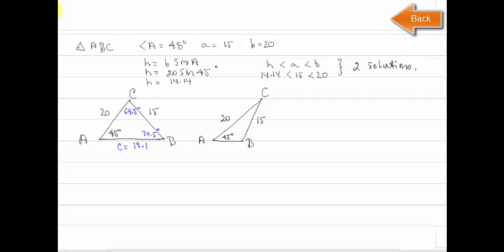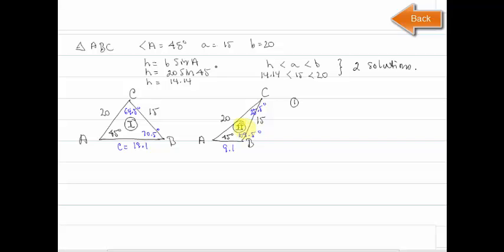And then when I went through and solved, I found that angle C is 25.5 degrees, angle B is 109.5 degrees, and side C is 9.1. Okay, so the first observation I would like you to make is about these two triangles. Let's call this triangle 1, and let's call this triangle 2.